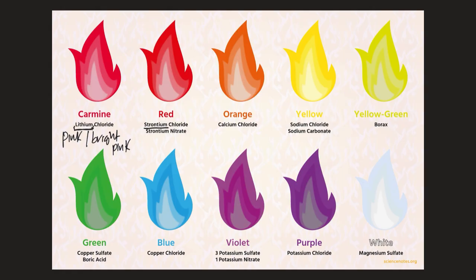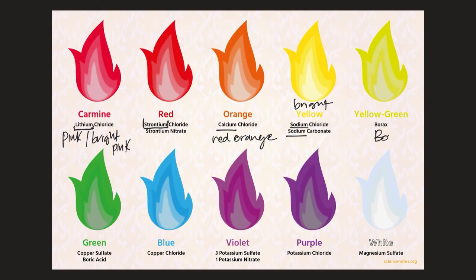Strontium is the next one. That's also a metal, and that one will give you a red color. Calcium gives you an orange, but you can also say it's a red orange. You use the colors you saw in your video, so that's fine. Sodium will always give you a bright yellow.